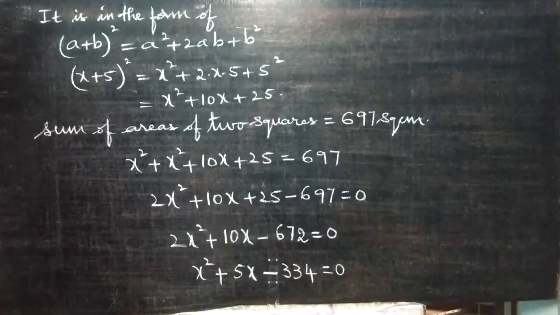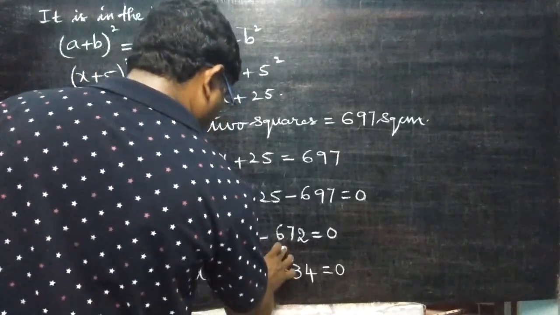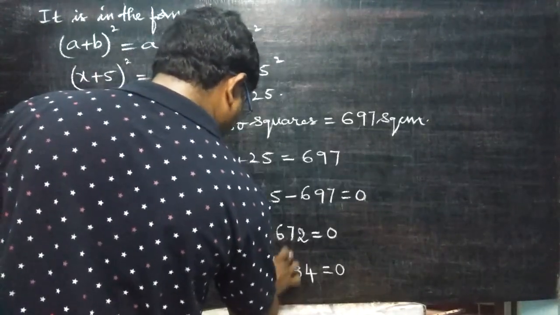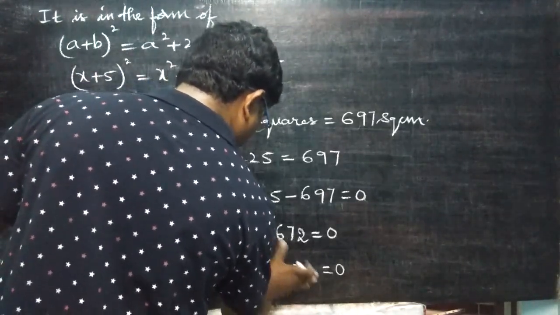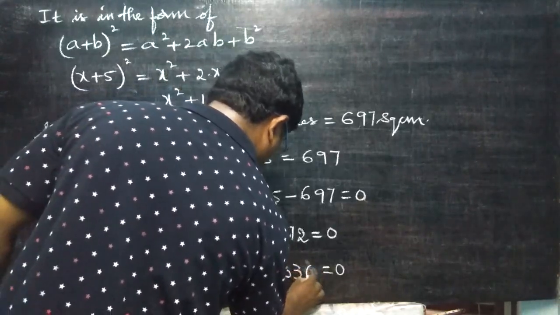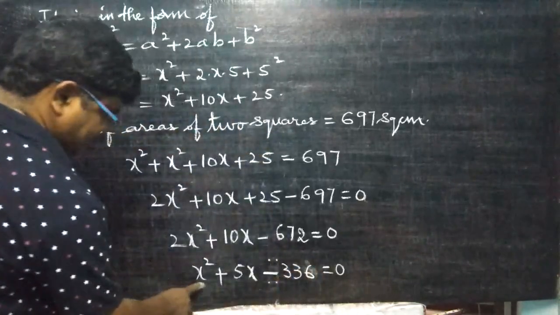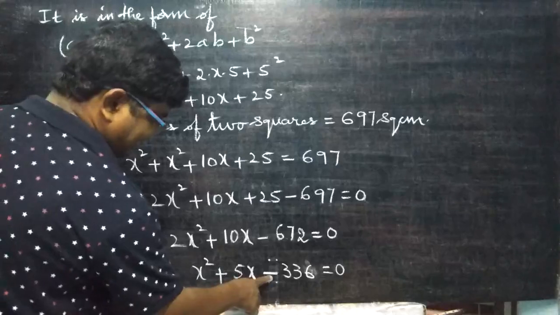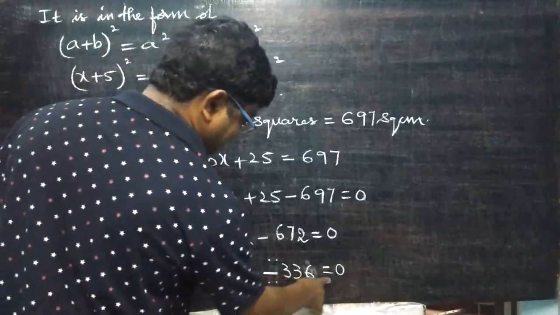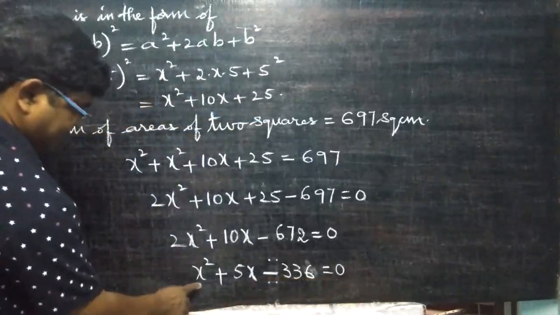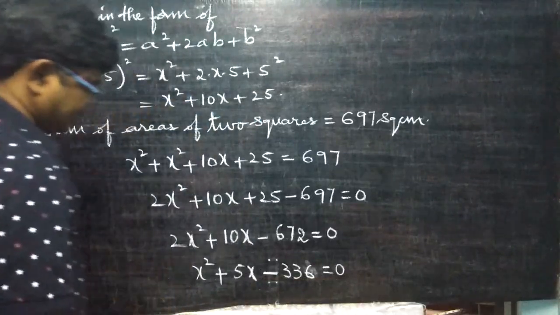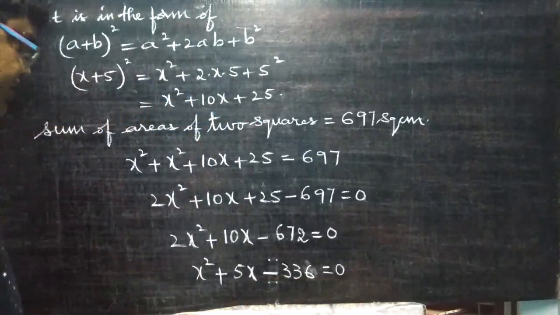So x square plus 5x minus 336 is equal to 0. This is the first bit. They told us to frame an algebraic quadratic equation, and we got it.